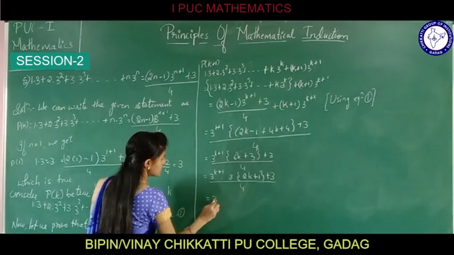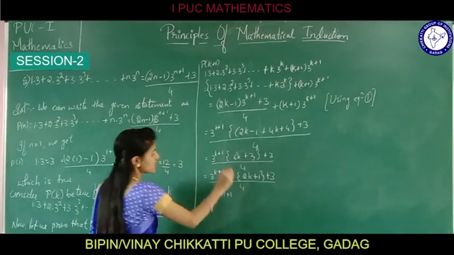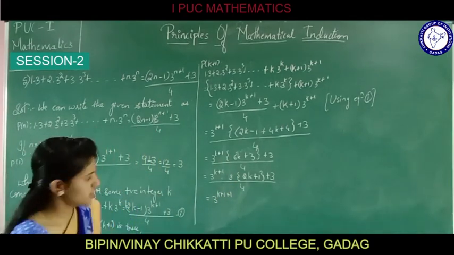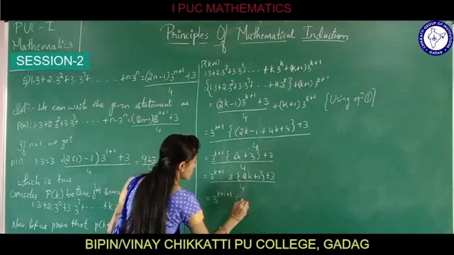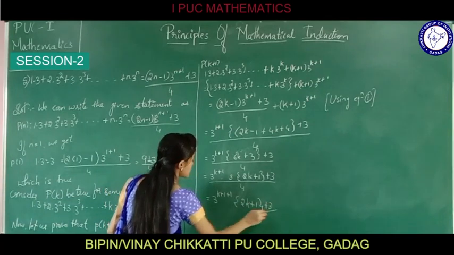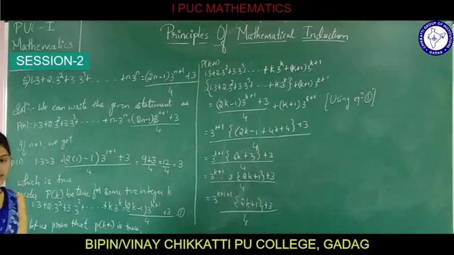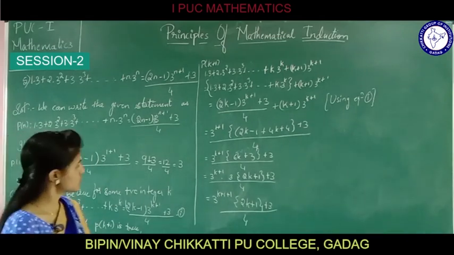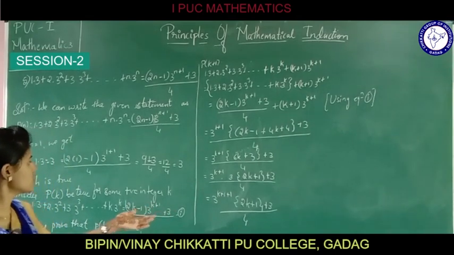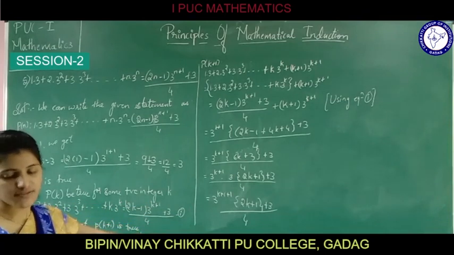Nothing but 3 raised to k plus 1 plus 1 into 2k plus 1 plus 3 divided by 4. So finally we found 3 raised to k plus 1 plus 1 into 2k plus 1 plus 3 divided by 4.